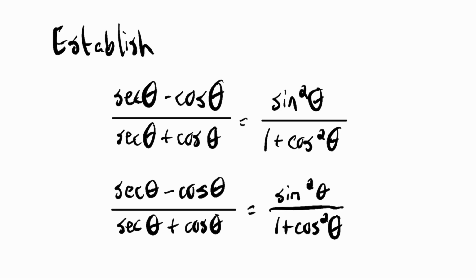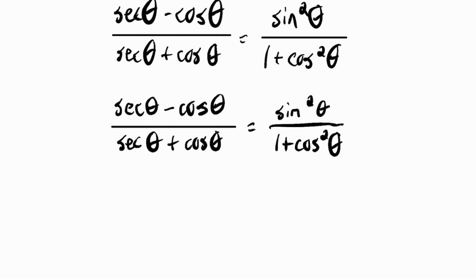I can just say I'm going to cross multiply. Well, what does that mean? I'm going to do it in steps so it's totally clear, but I'll point out the shortcut that you can use. So I'm going to multiply both sides by 1 plus cosine squared theta. And on the right, that's going to allow me to do some cancellation.